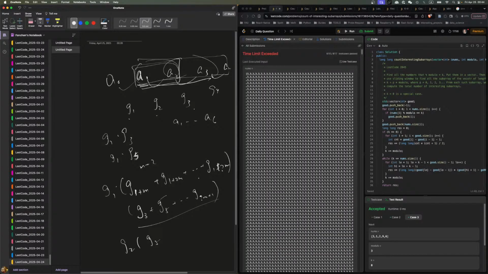Nah, not really. We add this together. This will be used for the first one, right? We add this together, and each time we move forward, we just remove this, remove this, remove this. Okay, that makes sense.